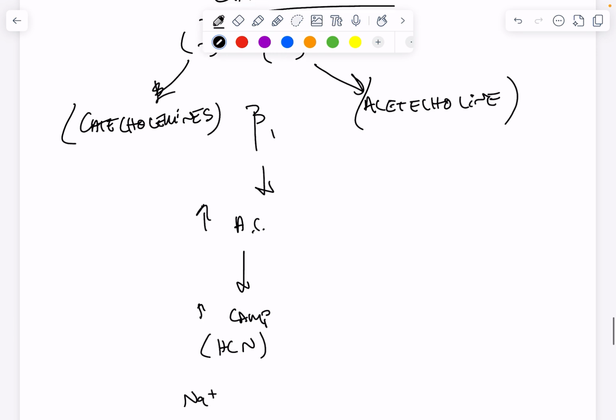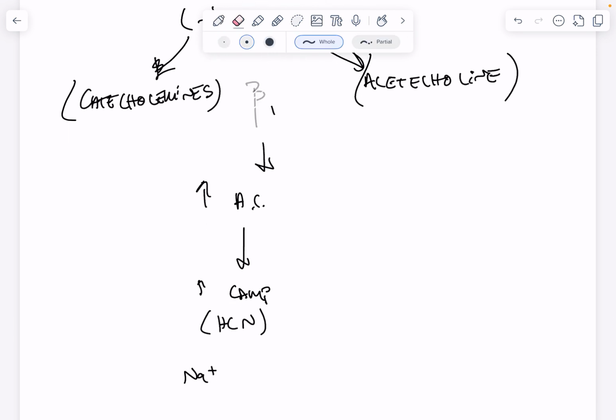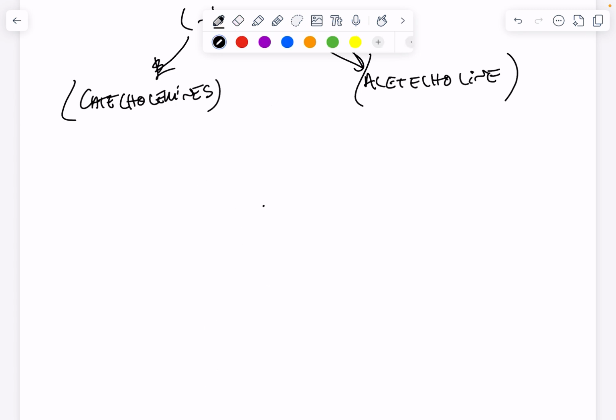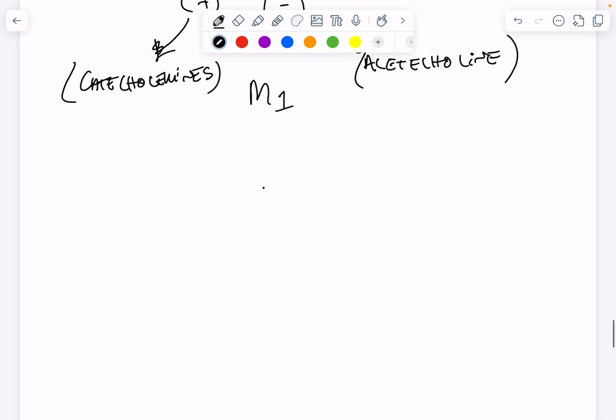However, if this is not done through a beta 1 receptor, let's say it binds to an M2 receptor, you're going to have the exact opposite effect, because these M2 receptors are going to be bound by acetylcholine.